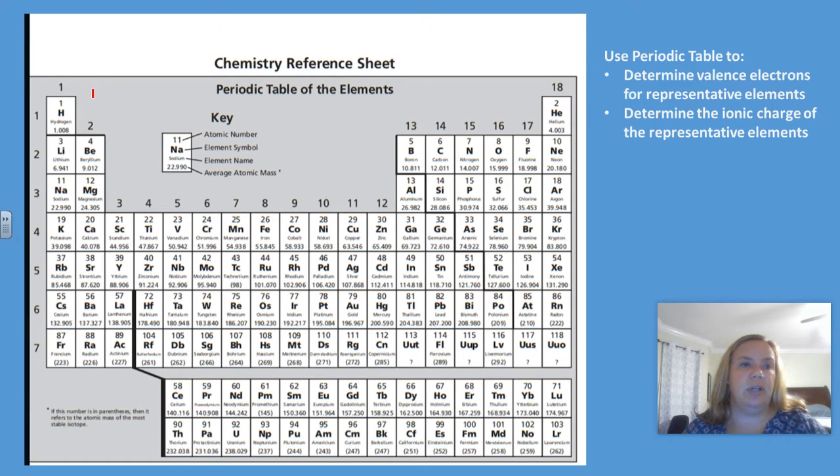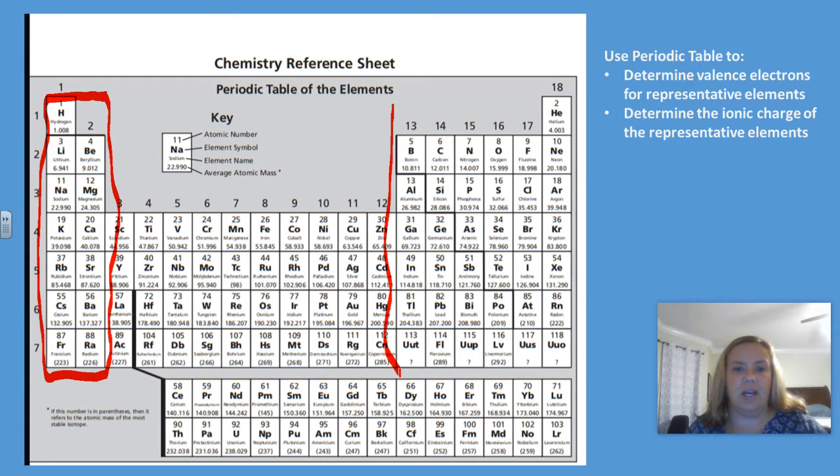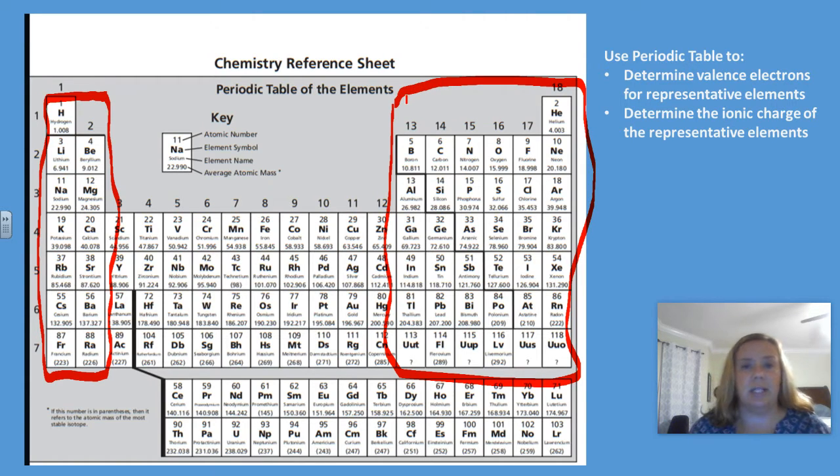So if you recall, we have basically an S block, which is the first two columns here, the alkaline earth metals. And then essentially we have this P block, which is a lot of our nonmetals, our metalloids, and a few metals in there. But basically, through here, we can tell these are referred to as our representative elements.